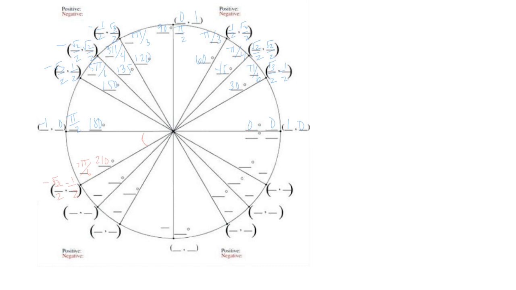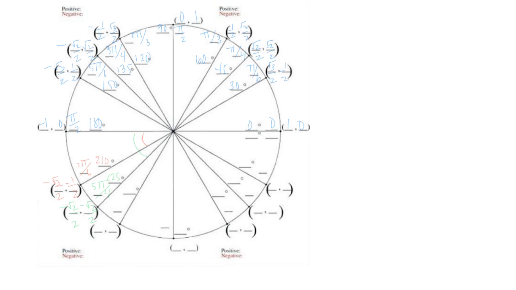Okay, now my green angle here is going to have a reference of 45 degrees. So this is going to be 225 degrees, or 5 pi over 4. The terminal point is going to be negative root 2 over 2, comma, negative root 2 over 2.